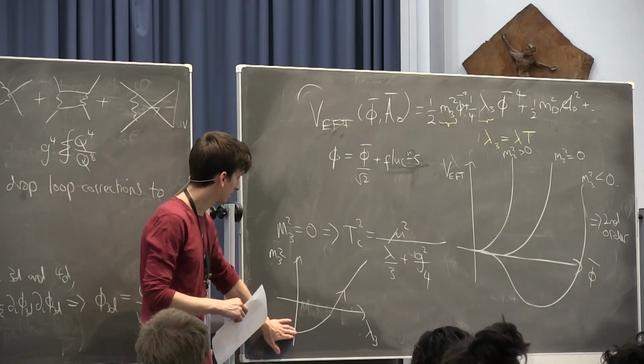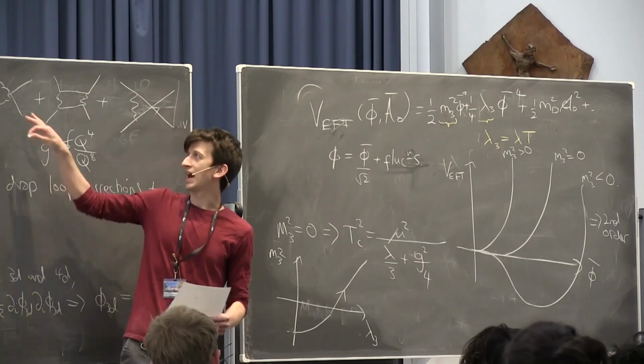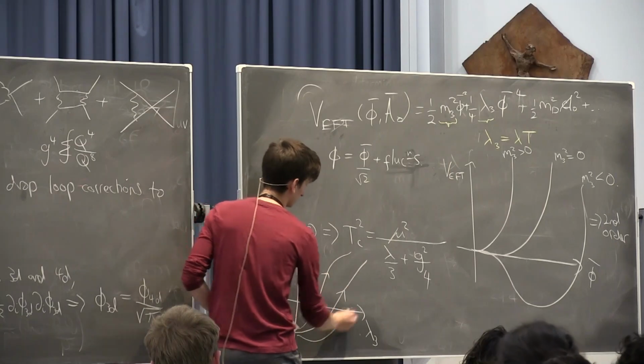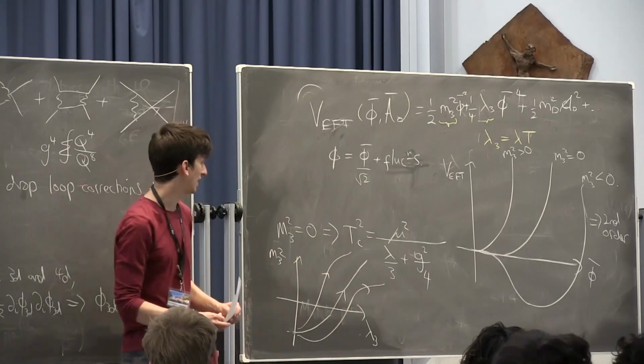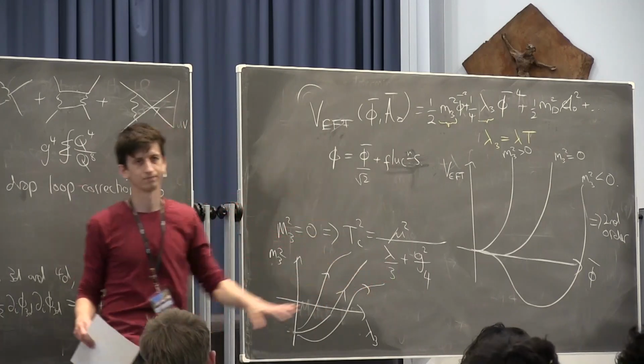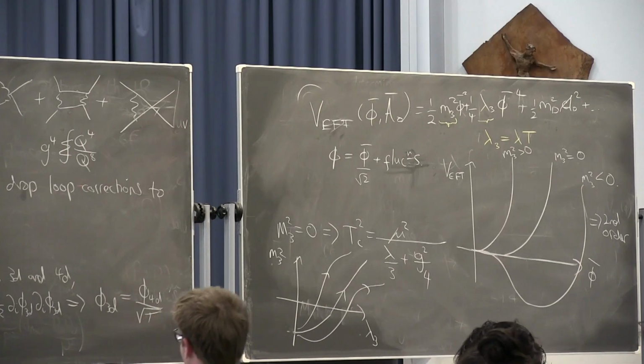And if I change my 4D model, or if I change the accuracy of my calculations, I get a different line. Different 4D models, different accuracies will give me different lines. But in terms of the 3D parameters, everything's the same. So that's a kind of universality we have. And that is it. Thanks.